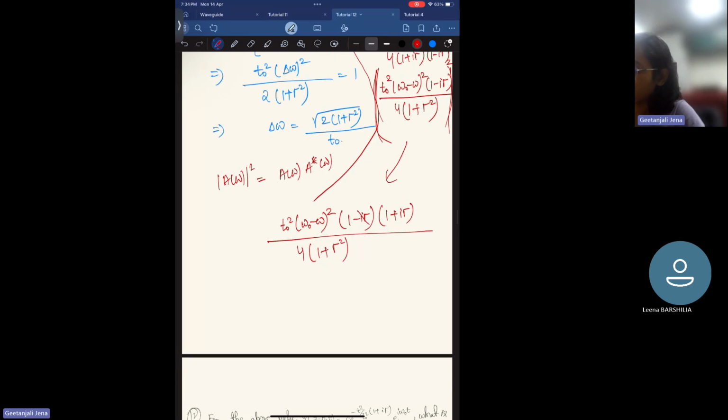So this will cancel. So only we have T0 square (omega 0 minus omega) square by 2. So there will be T0 square here also. Okay, so let me write it over.